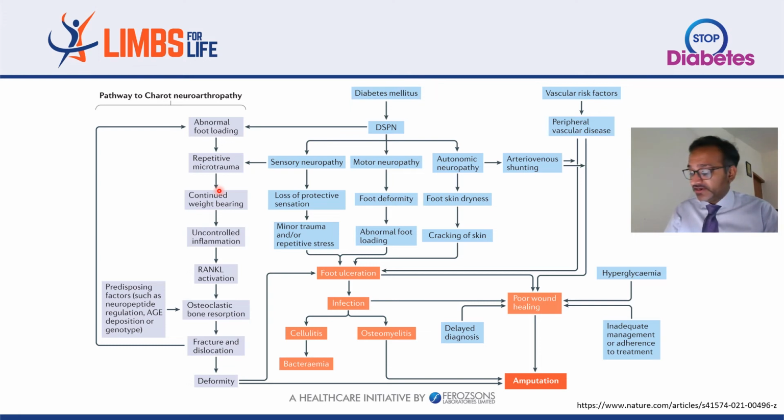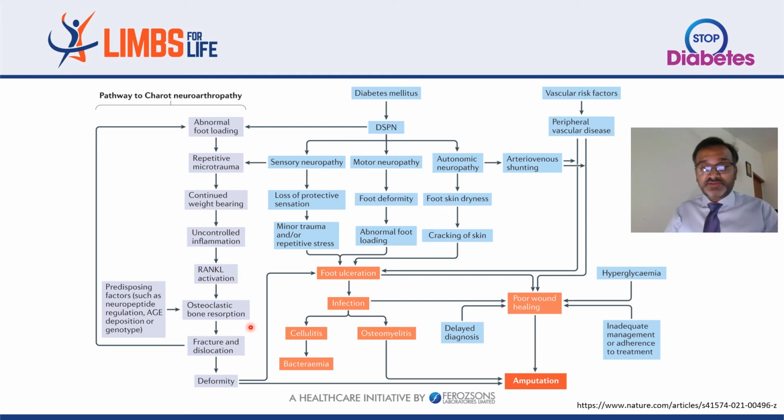Joint may get affected, and if it gets affected, it gets destroyed. Plus continuous weight bearing, uncontrolled inflammation, abnormal healing, and infection in the joint will lead to RANKL activation. With RANKL activation, there is osteoclastic bone resorption. So bone is getting resorbed, there is inflammation, and all the cytokines are coming there, causing more inflammation, right?